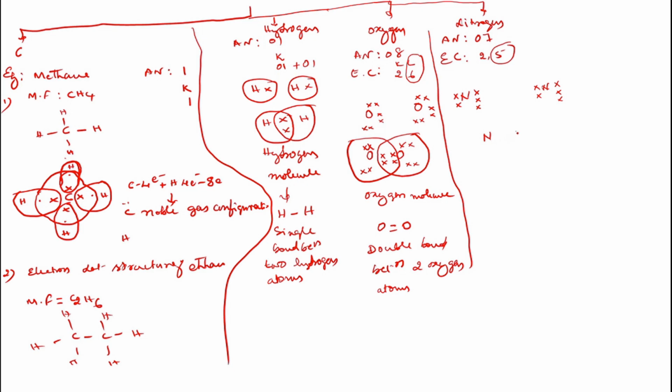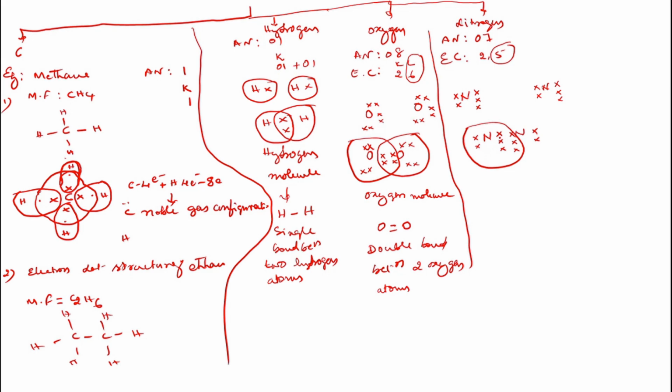nitrogen: 1, 2, 3, 1, 2, 3 and 2 electrons here, 2 electrons here. Now you start from here. See, nitrogen 3, 3, 6 plus 2, 8.